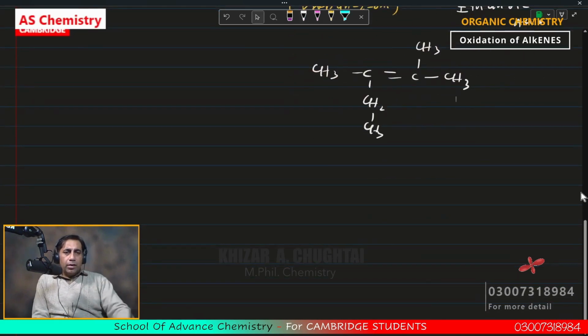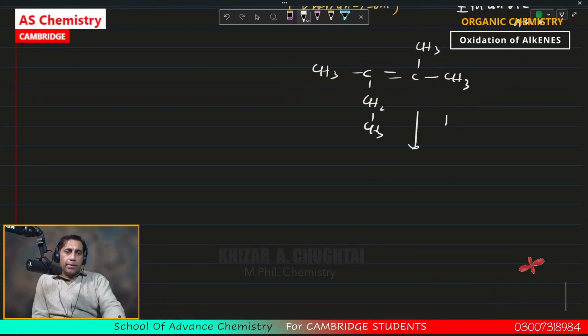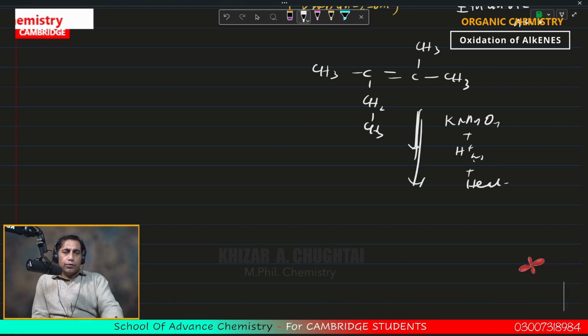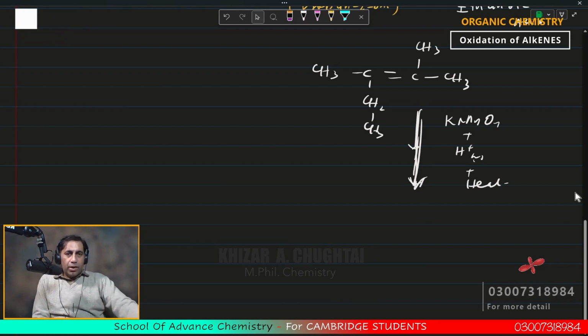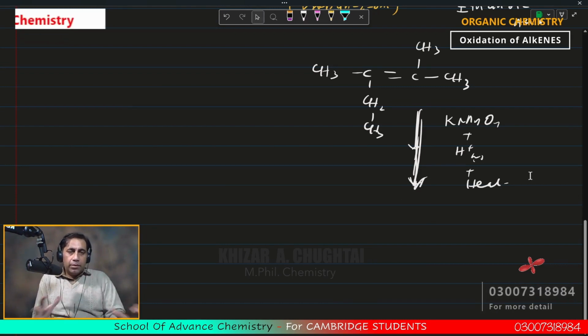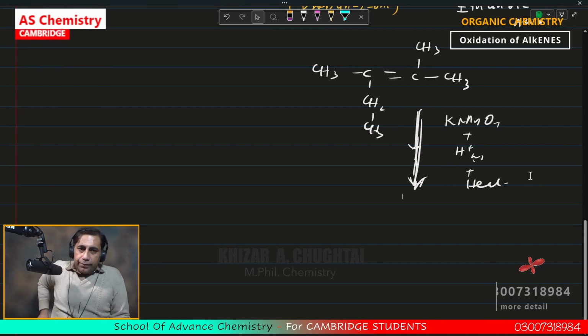So again, I'm going to add KMnO4 that is acidified, H positive ion aqueous, and I'm going to heat as well. So what is supposed to form over here? Just try yourself to find the answer of this one.